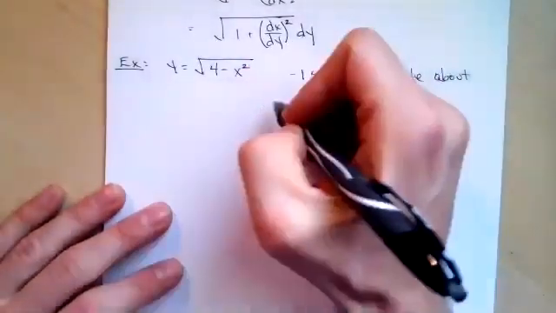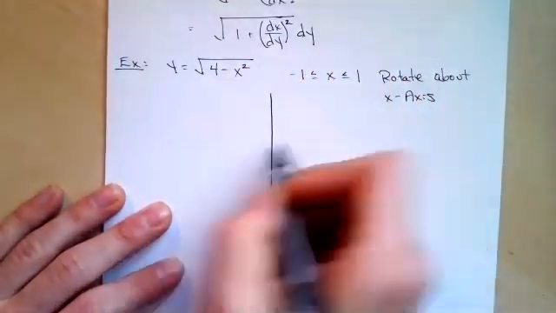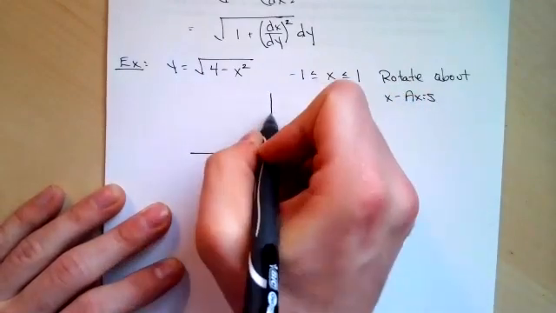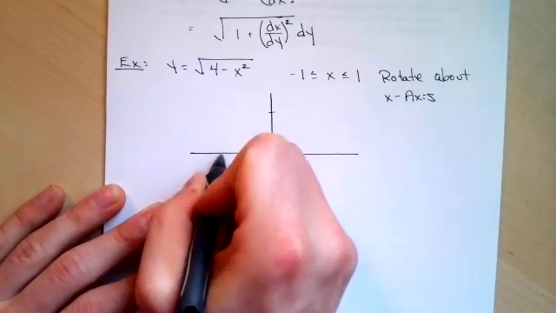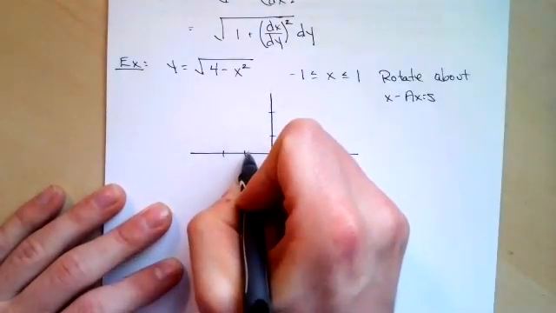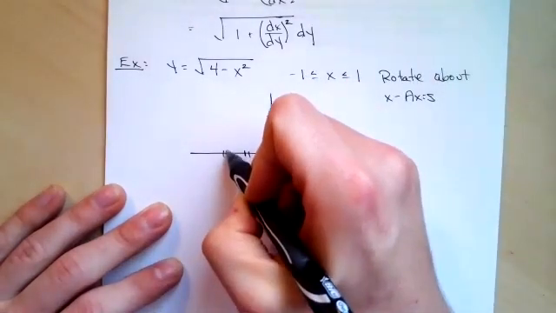So what's this look like? We've got a circle of radius 2. Tick mark's a little off.